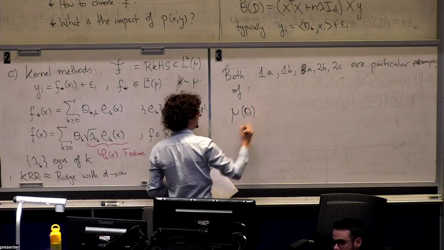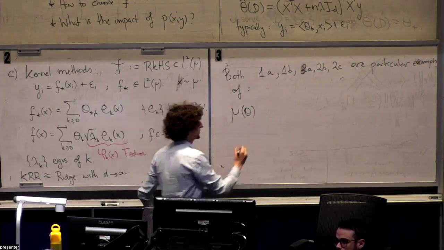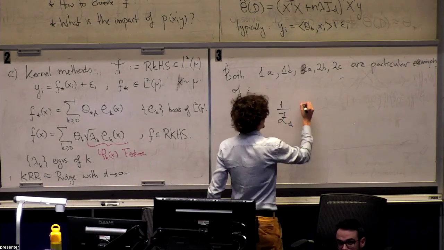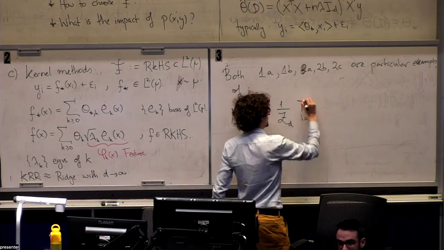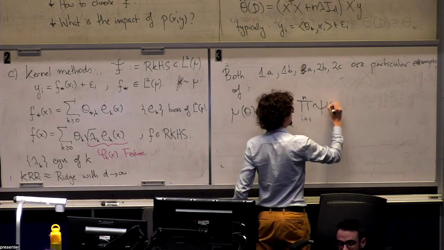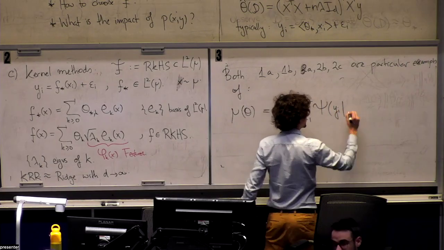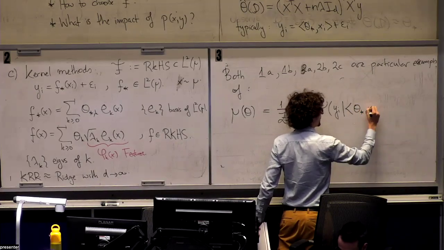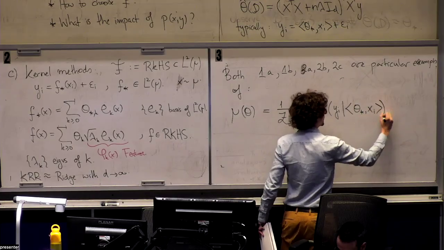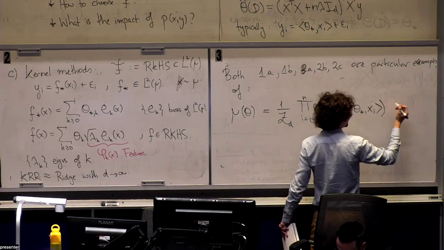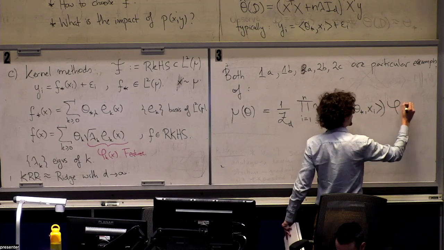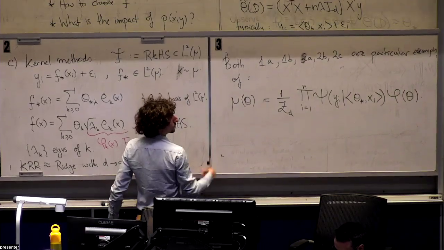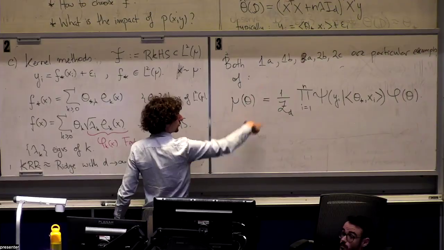I'm going to introduce a probability distribution on the space of parameters. There's going to be some normalization, and then there's going to be a likelihood. This likelihood is going to depend on X only through the projection on some theta star, where this theta star is drawn from some kind of prior distribution, which I'm going to call phi. So this writing contains all the above problems.